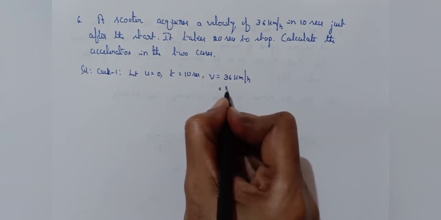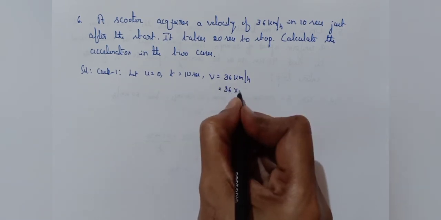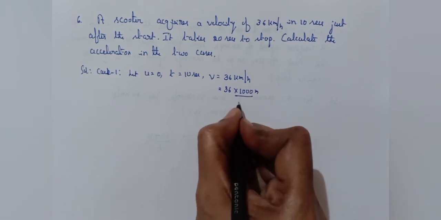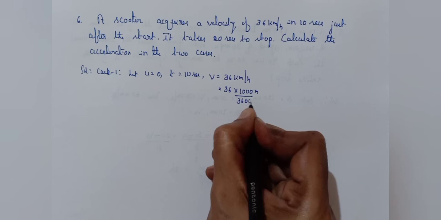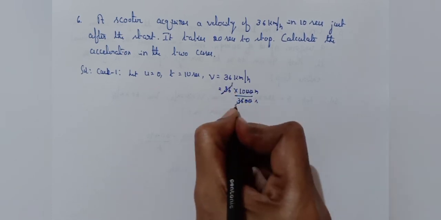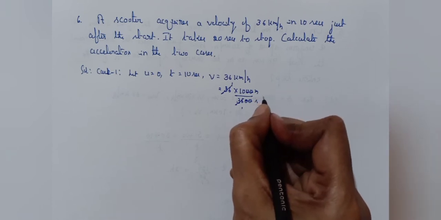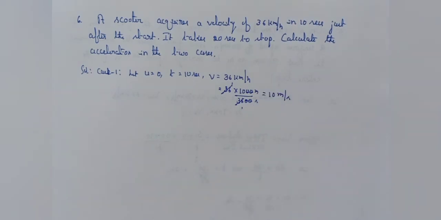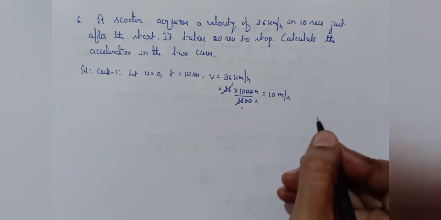So 36 into 1 kilometer is equal to 1000 meter, and 1 hour is equal to 3600 seconds. Cancel this, 36 ones are 36. So the velocity is 10 meter per second. So 36 kilometer per hour is equal to 10 meter per second.